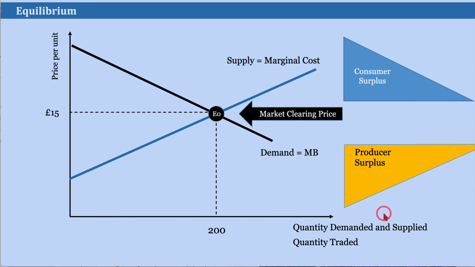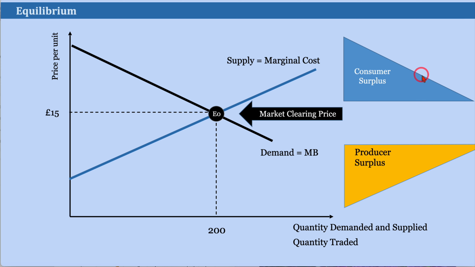Okay, now if we remember, and this is a little bit advanced at this stage, but I thought it's worth having a little think about it, we had this consumer surplus idea where the consumer is willing to pay up here. Remember, this is effective demand, so they're willing and able to pay up here, and they only have to pay here, so they get a surplus.